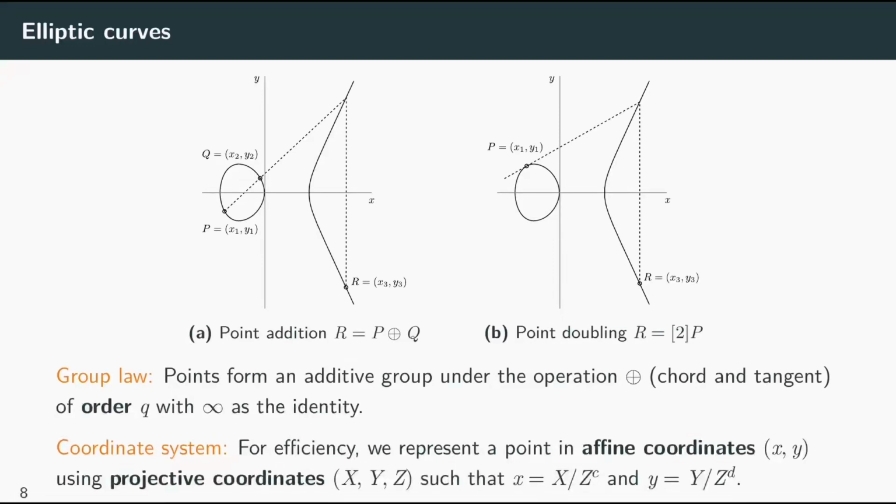Efficient implementations will not represent the points in affine coordinates x and y, because computing the slope of this line requires computing a field inversion or division that's computationally expensive. So actual efficient implementations will use a projective coordinate system instead, in which the slope of the line is accumulated across multiple operations and resolved only at the end. In this representation, a point is represented using coordinates x, y, and z, such that the x and y coordinates are weighted by some power of z.